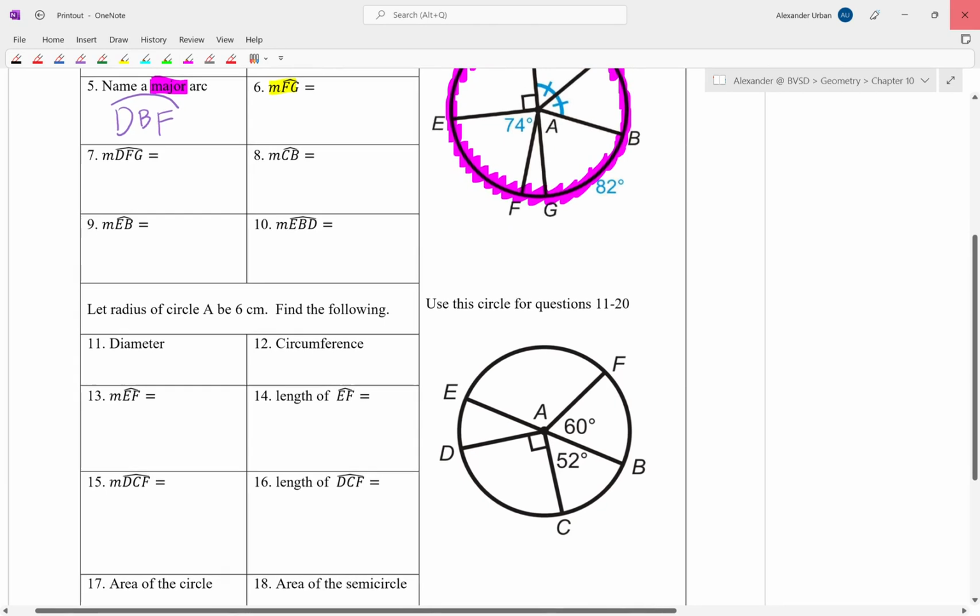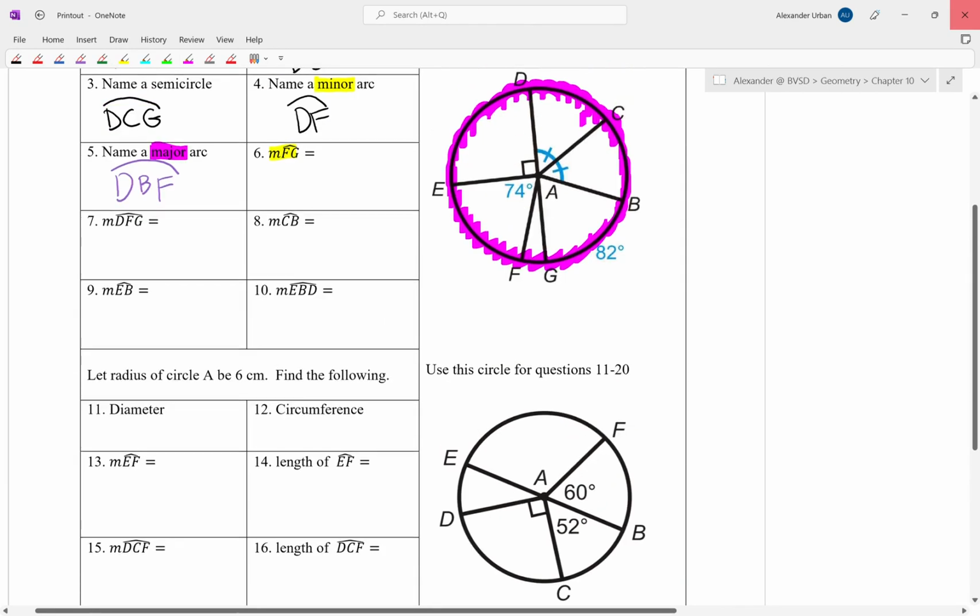Alright, now I want to choose to do number 6. I want to try that one. Number 6 is FG. We already know here that this arc measure from E to D is 90 degrees. E to F, that's 74 degrees.